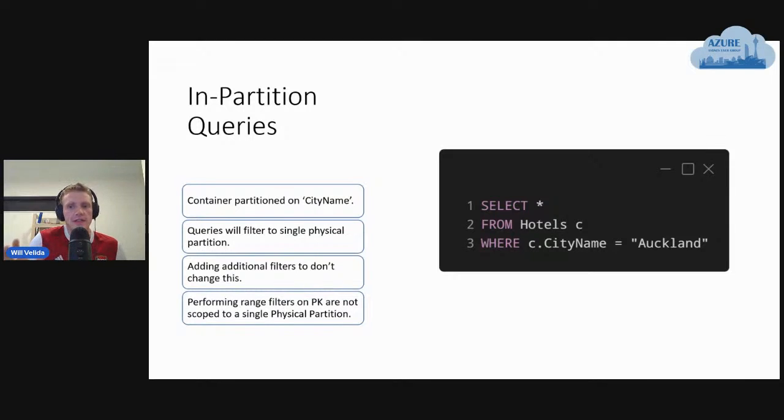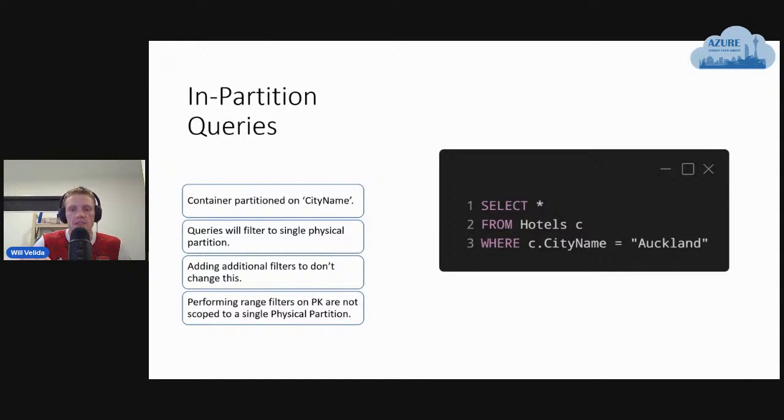What's great about this is that if we add additional filters to this query, it will still be routed to that single partition. We can add as many additional filters as we like, and we're still efficiently routing our query to the physical partition where our hotels from Auckland sit.